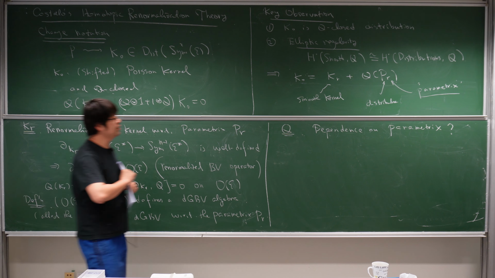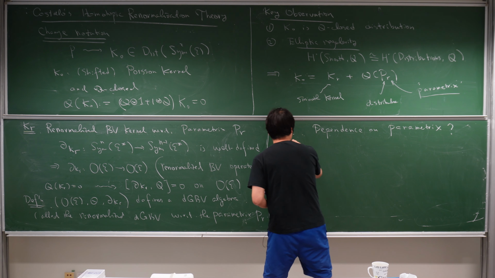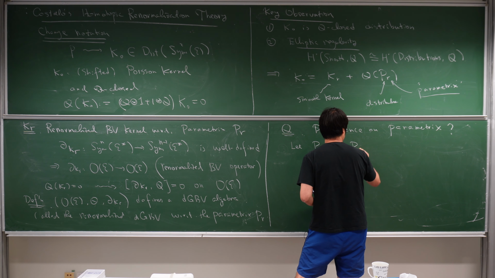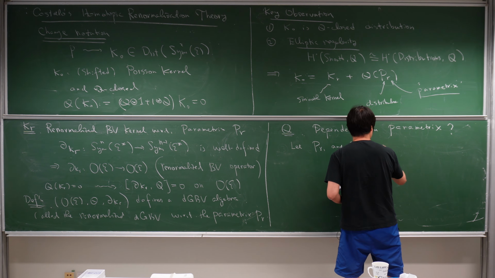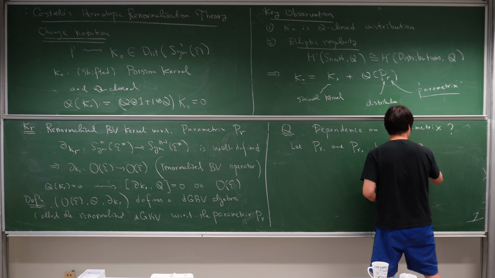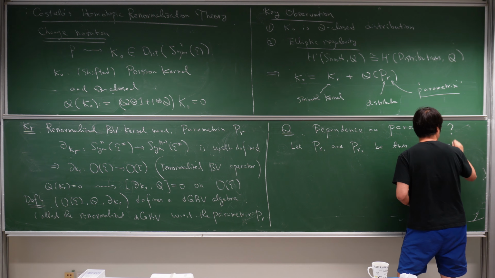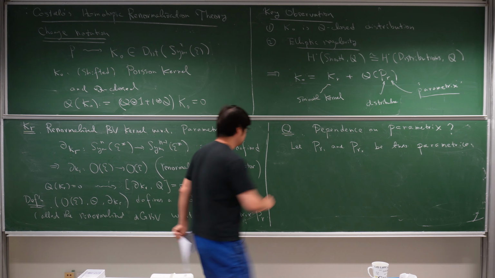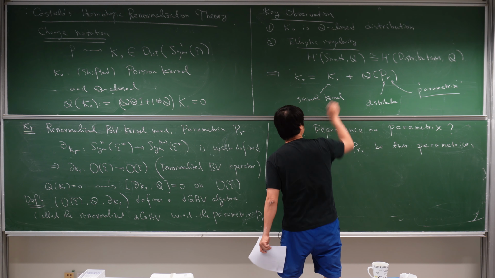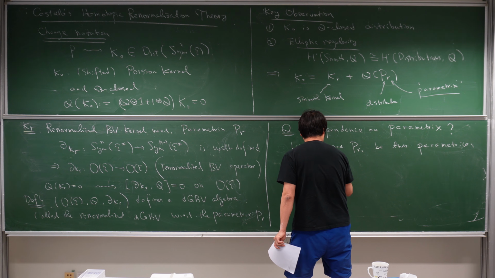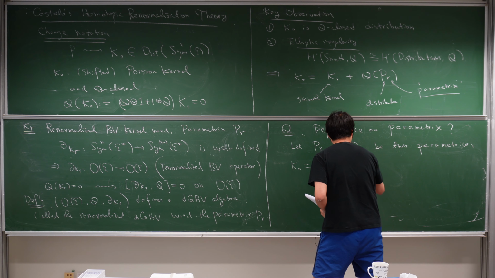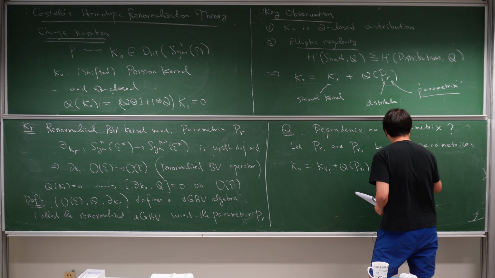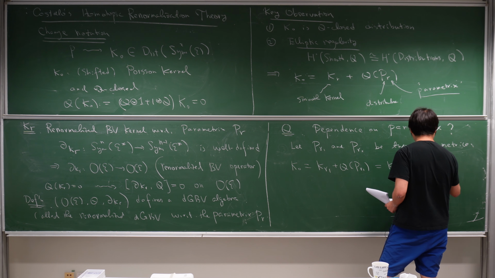Suppose I have two choices of parametrix. Let's write down the equation. They both smooth out this kernel. Let's call the first one K_R1 and the second one K_R2.